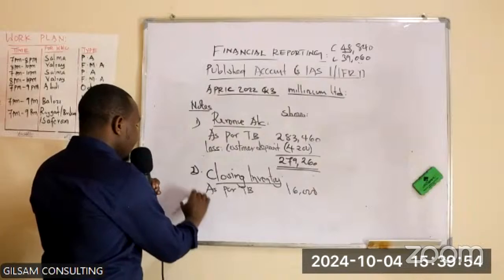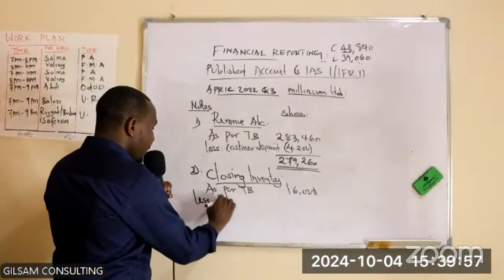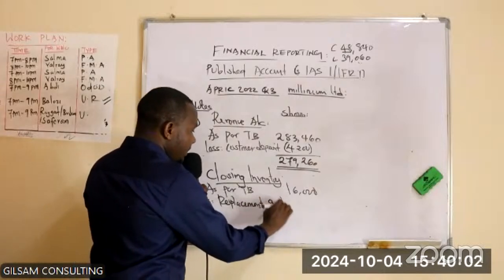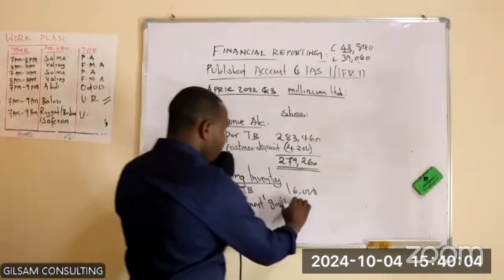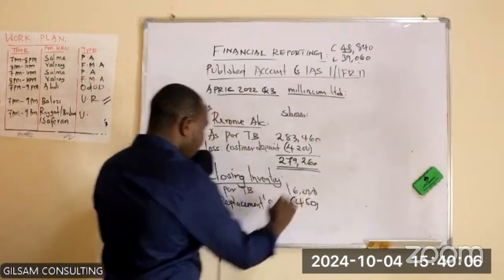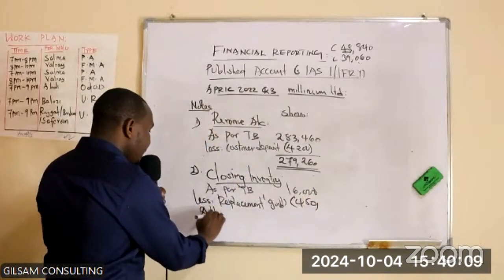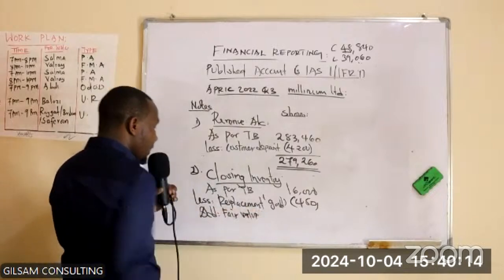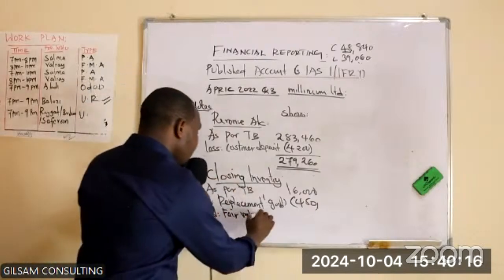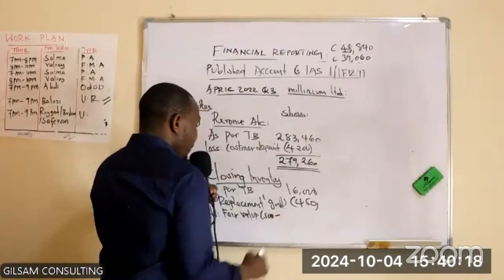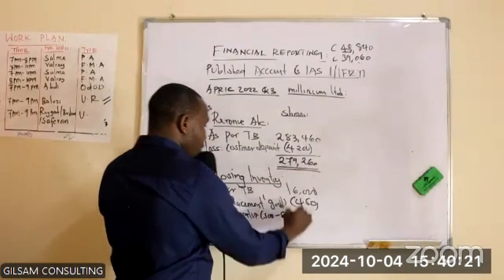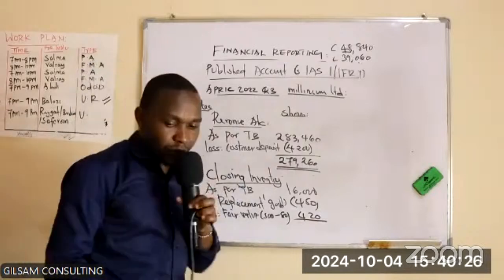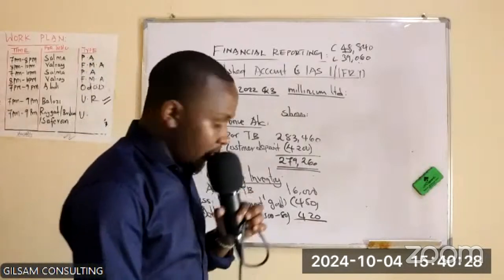So we will less the goods replaced of 450. And then we need to add the fair value of the replaced item, which is 500,000 minus 80, and this one will come to 420. So add to get the adjusted closing inventory.